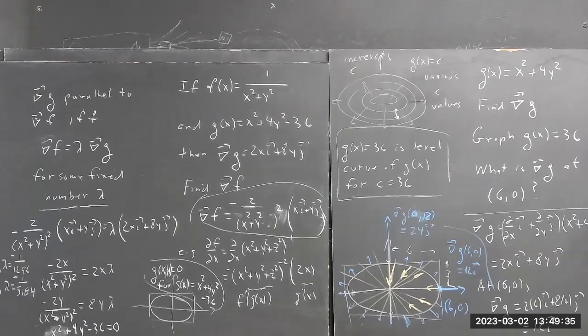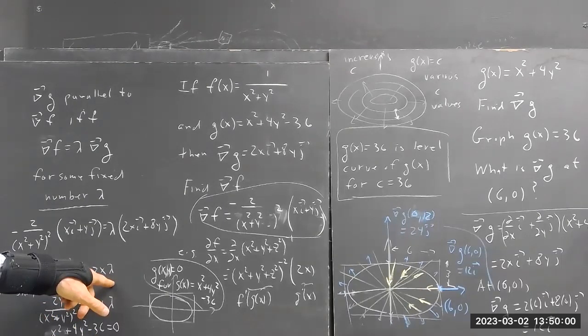Okay. Now where do I get x equals plus or minus 6 and y equals plus or minus 3? What is this equation? I can eliminate variables one at a time. I solve this for y, plug that in for every y, and then I have just equations of x and lambda, eliminated y. Then I can solve this one for lambda and plug it in here.